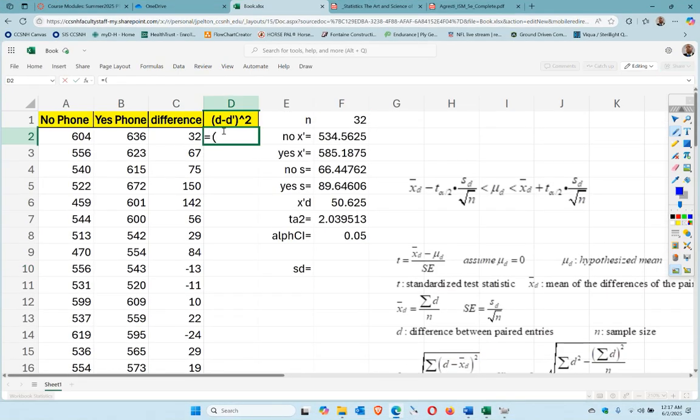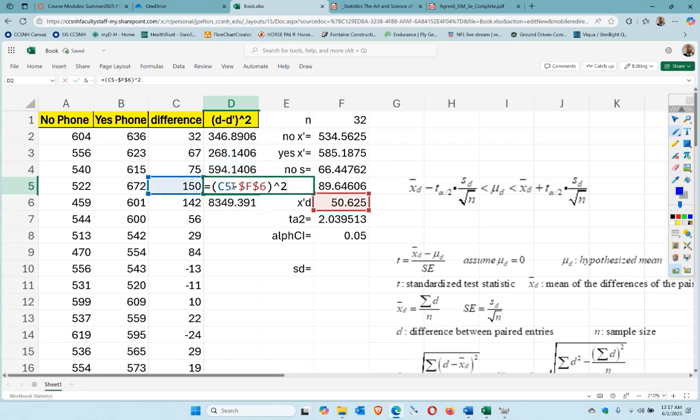So it's the individual difference minus the mean difference, and I square it. And you want to fix the reference, you can do this with a dollar sign. So now when you drag it down, no matter which one I click on, it's going to go to that right there.